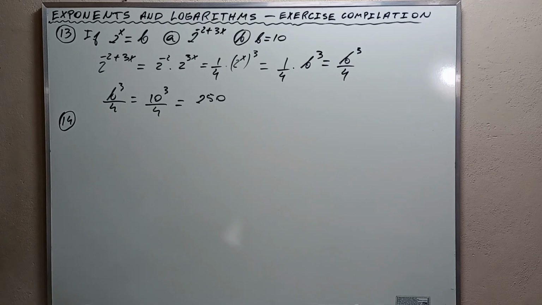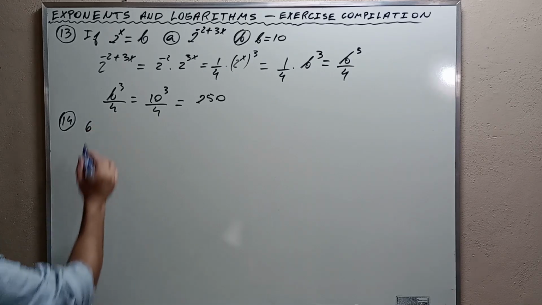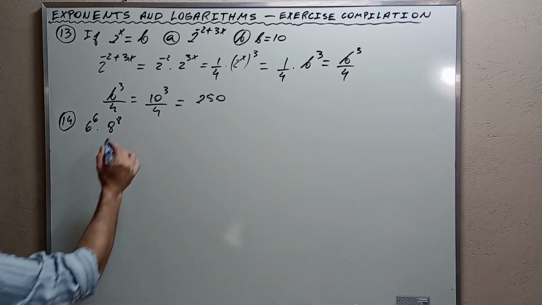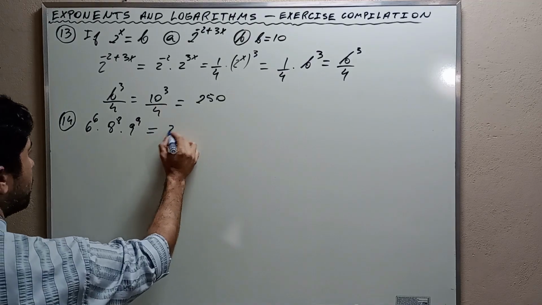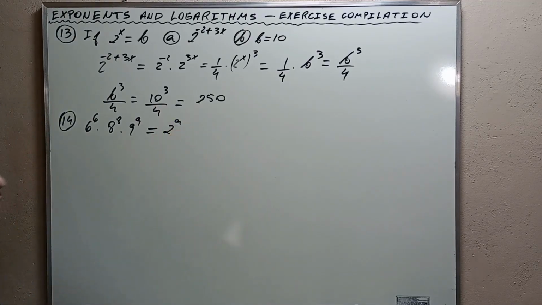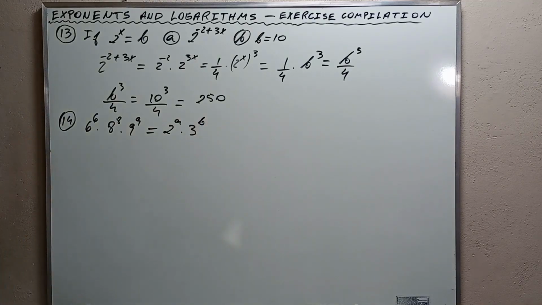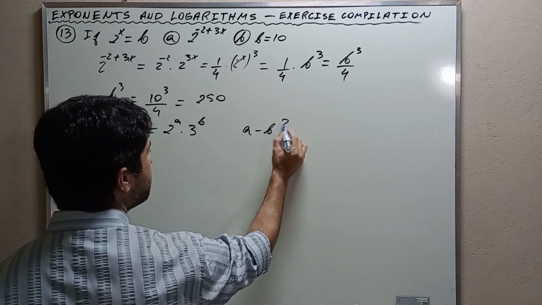Exercise 14 is this. If 6 to the 6th times 8 to the 8th power times 9 to the 9th is equal to 2 to the a power times 3 to the power of b, what is the value of a minus b?